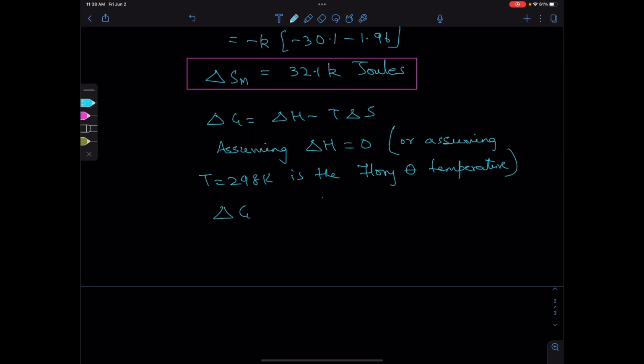So delta G equals negative T delta S, which is negative 298 times 32.1 k, negative 9.6 times 10 cubed k joules.